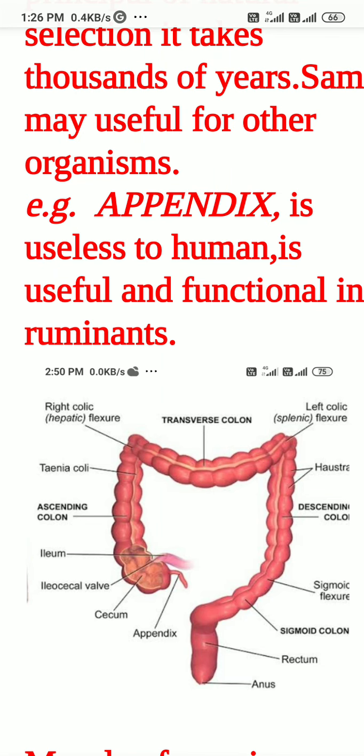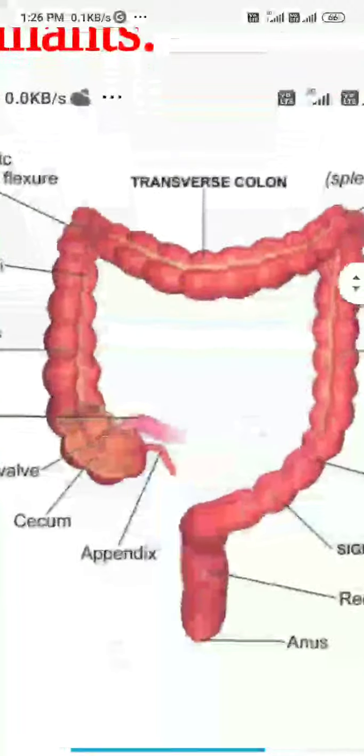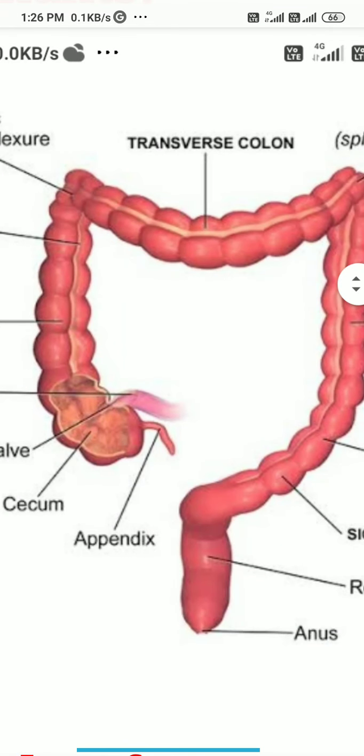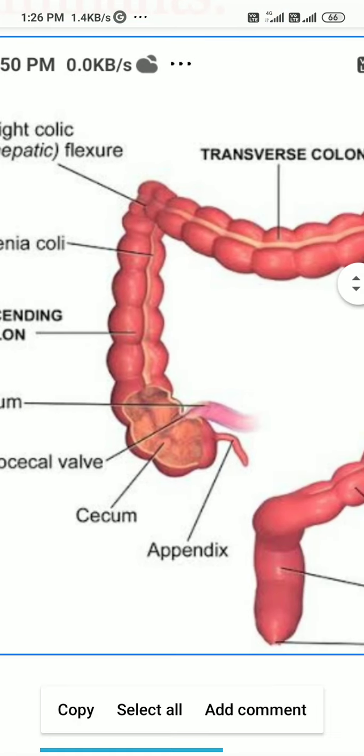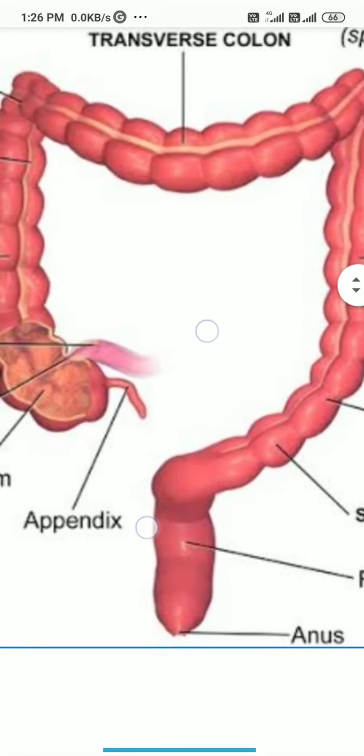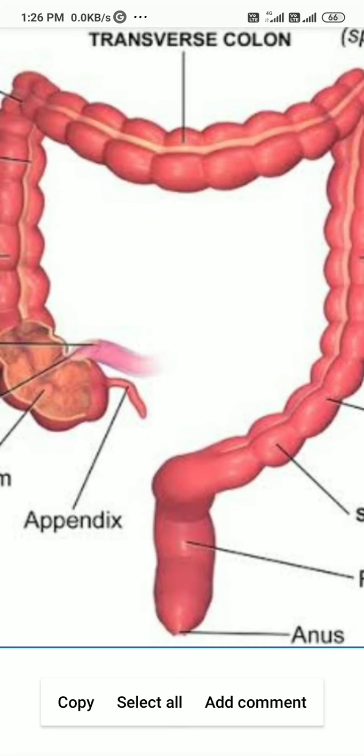Where this appendix is situated, you can observe here. This is the large intestine. This portion shown is of the small intestine. Here the ileum part is connected, and this is the appendix.